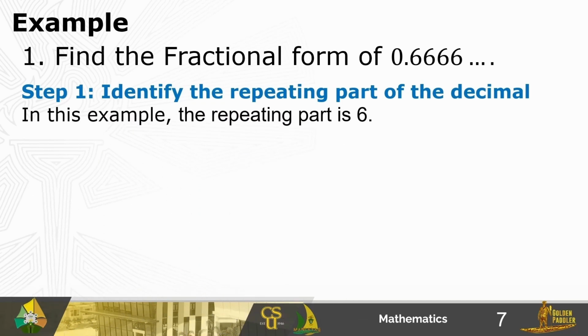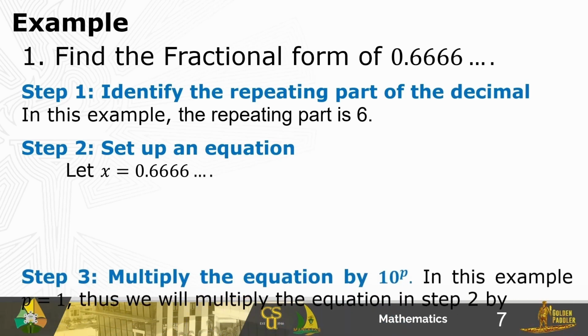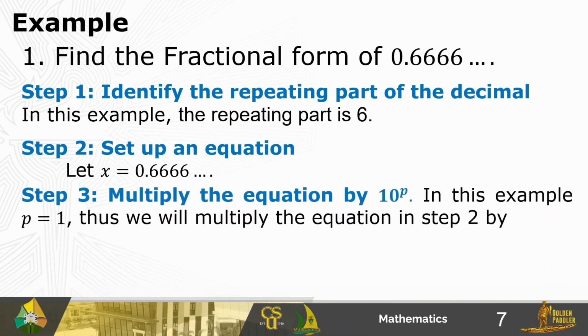In this example, the repeating part is 6. For step 2, we set up an equation: x is equal to 0.6666. For step 3, we multiply the equation by 10 to the p. In this example, p is equal to 1 because we identified in step 1 that the repeating part is only 6, just one digit.